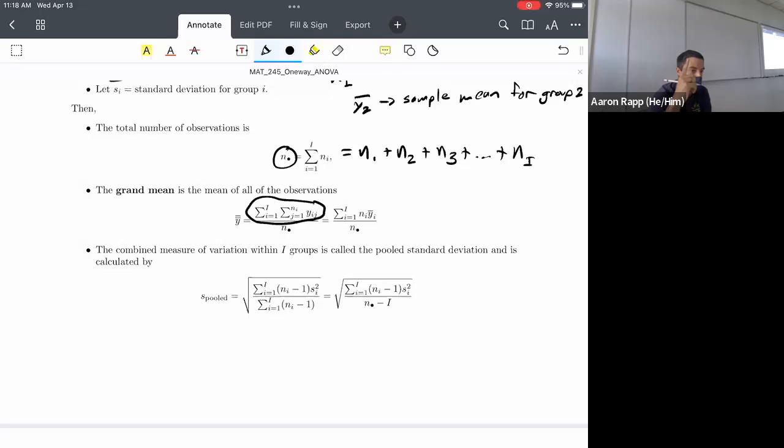I is for the groups. So you set I equal to 1, and then you sum through all of your observations for the first group. Then you add up all of your observations for the second group, and then the third group, and so on. And then I'm dividing it by that N dot, and again, that N dot represents the total what? Number of all the observations added together. Yeah.